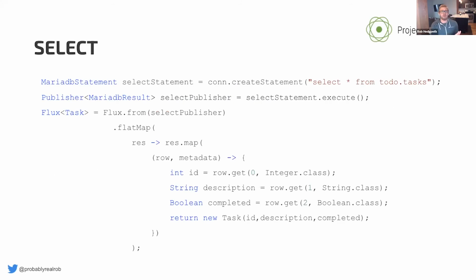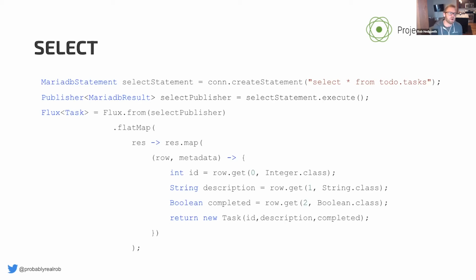Now, from there, diving into the statement portion of this, this is where we start to see the driver implementation objects from the objects that we saw before inside of the R2DBC specification, namely MariaDB statement. We've got the publisher for MariaDB result, which allows us to return the publisher from select statement.execute.